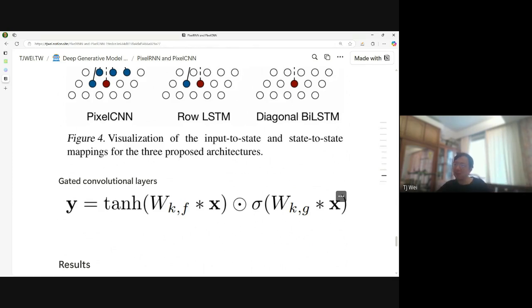So what else separates the RNN from the standard convolution?